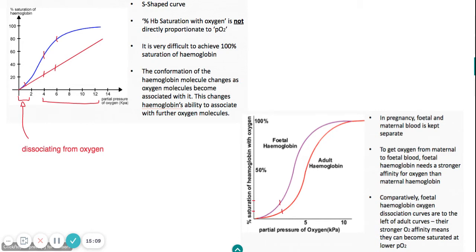The only way that they can get oxygen is from their mother. And the way they get that oxygen, I'm going to draw a really bad picture now. There's the baby. And the baby has an umbilical cord from this point here, okay?